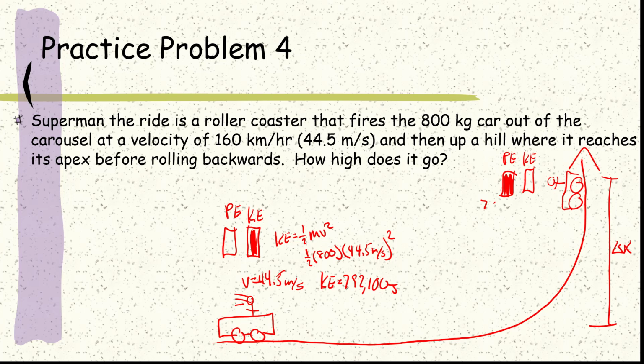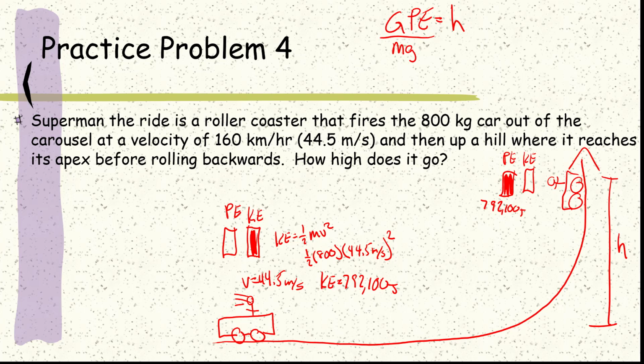All right, but we want to know stuff about this location, and that's where this comes in. We know that then we have 792,100 joules of potential energy. Now, potential energy, in this case, it's gravitational, is mass times g times the height. Well, that height is really just this displacement. So, if we rearrange that equation, the height is equal to the GPE over the mass times g.